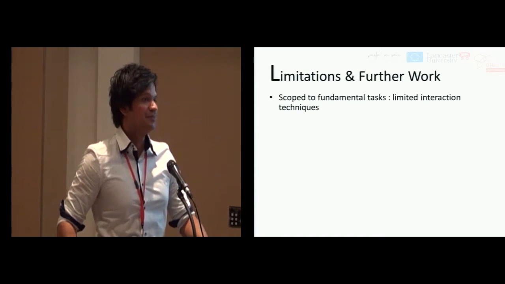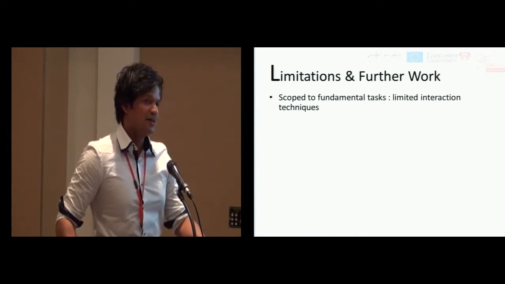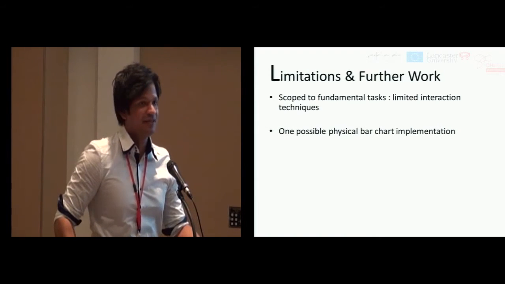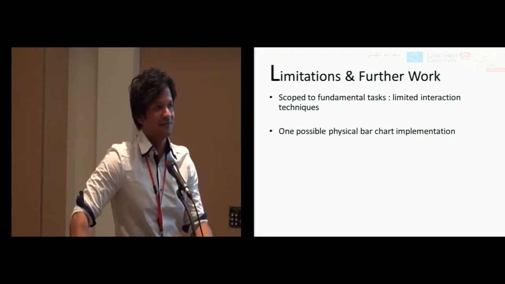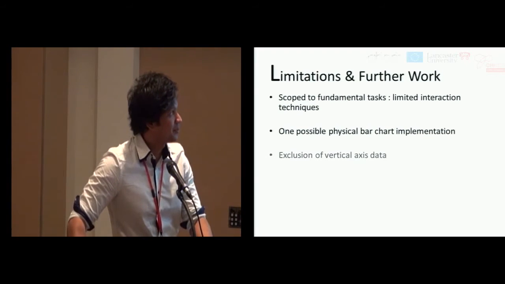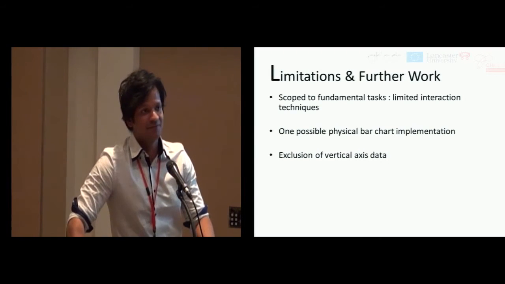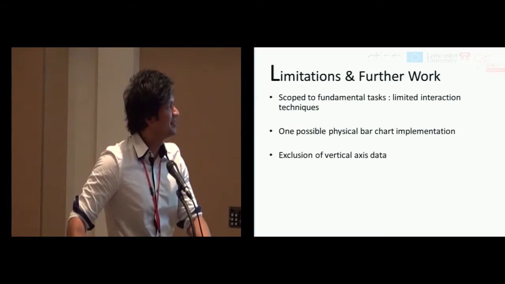So of course our investigations were limited to a specific set of tasks, but we wanted to scope our work and look at the fundamental interactions that can be performed on a physically dynamic bar chart. And this is, of course, based on one possible form of shape-changing bar chart implementation.